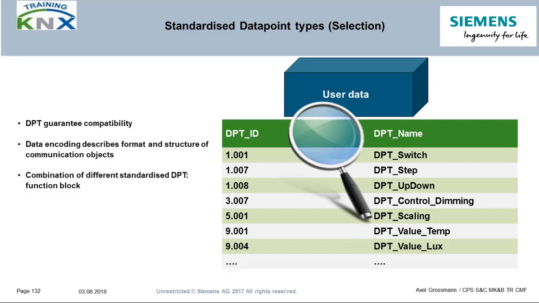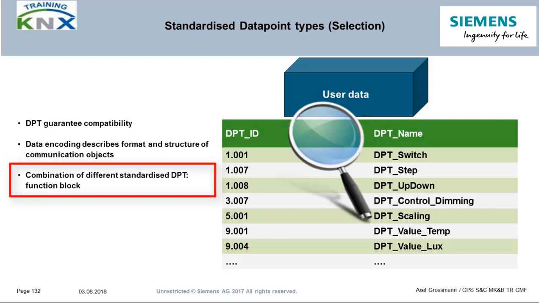Data point types have been developed to guarantee the compatibility of function identical devices of different manufacturers, for example, dimmers and clocks. The data encoding describes the format and structure of communication objects, both for sensors and actuators.